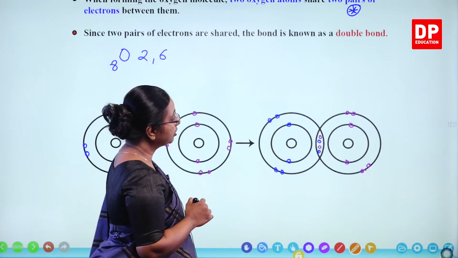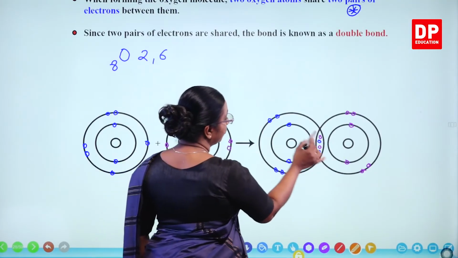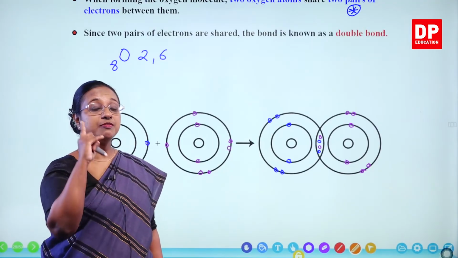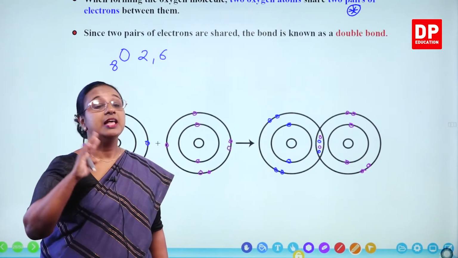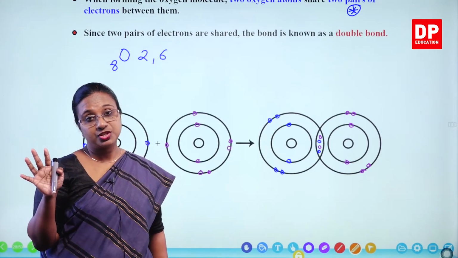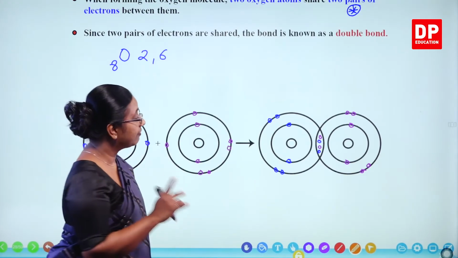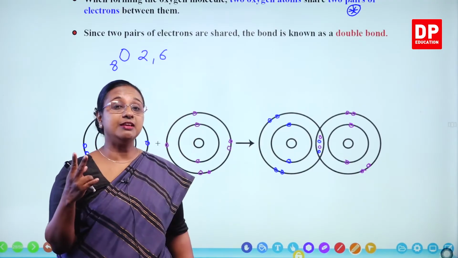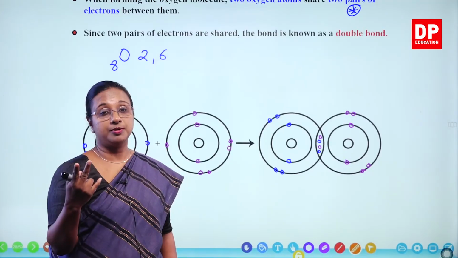Now if you count the total number, 2, 4, 6, 8. So if there had been a sharing of just a pair of electrons, they will not get the 8 complete electrons. So in order to achieve that, they share 2 pairs. So that gives rise to a double bond.